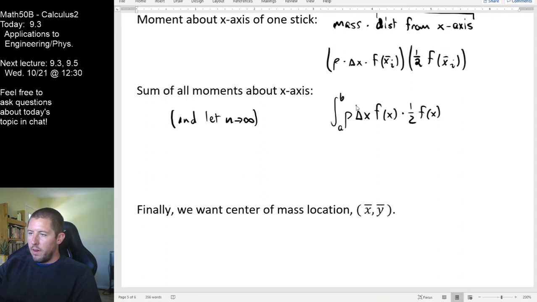Oops, by the way, this guy right there should be our dx, or delta x. So I'm going to get this rho over 2 coming out front. Integral from a to b. It looks like dx I'm going to put on the end, and it looks like we've actually multiplied f of x twice. So here is our moment about the x-axis right there.